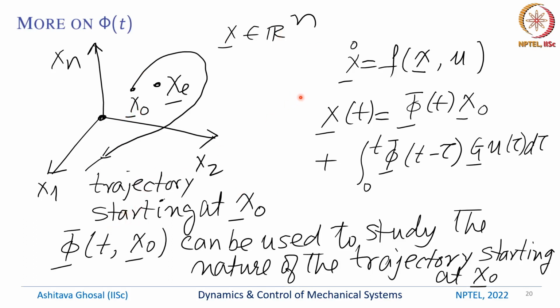So this phi of t into x0 can be used to study the nature of the trajectory starting at x0. This is conceptually important, because later on we will look at these trajectories to look at things called stability. The state transition matrix tells us the trajectory of the state variables, or x of t, as we start from some initial x of 0 near to an equilibrium point, and where it is going.